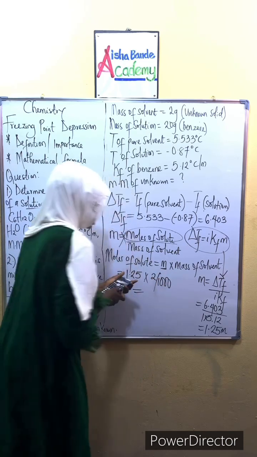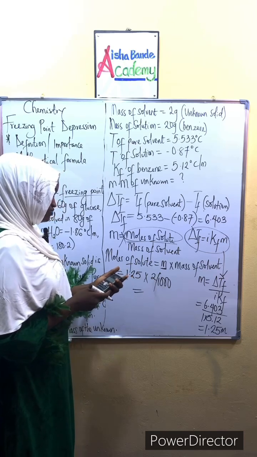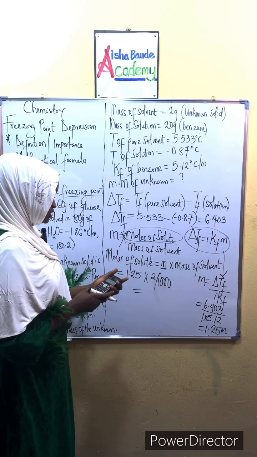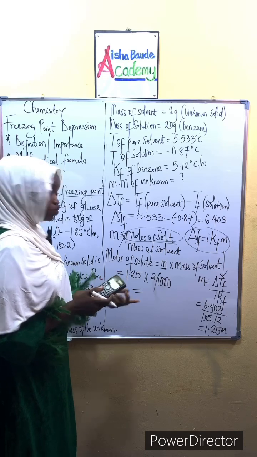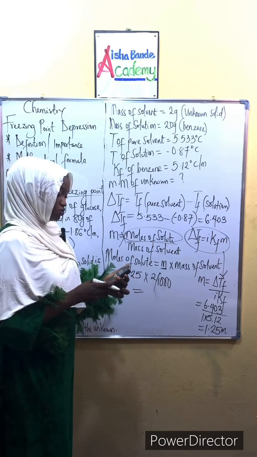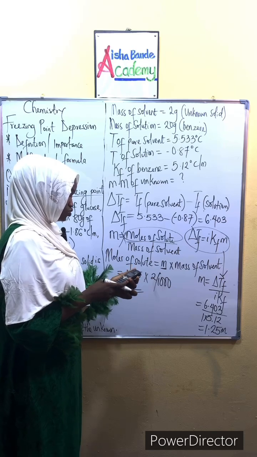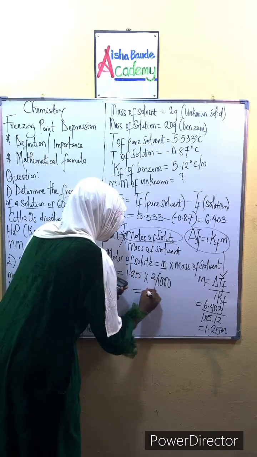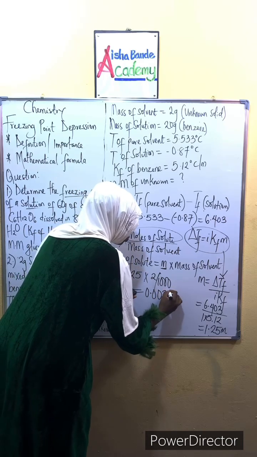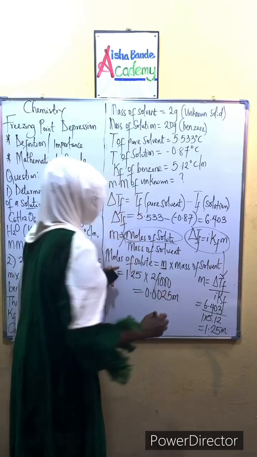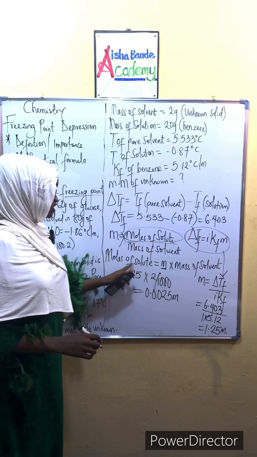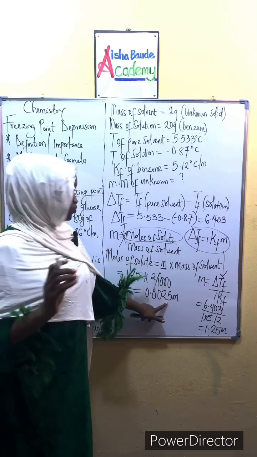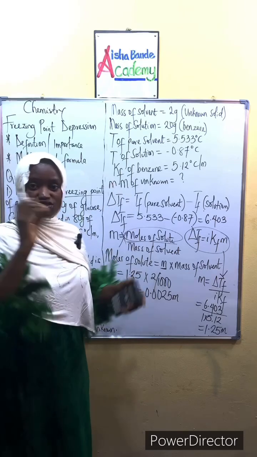Using our calculator, 1.25 times 2 divided by 1000 gives us a value of 0.0025 moles. So this is the number of moles of the solute. But what we are looking for, remember, is the molar mass of the unknown.